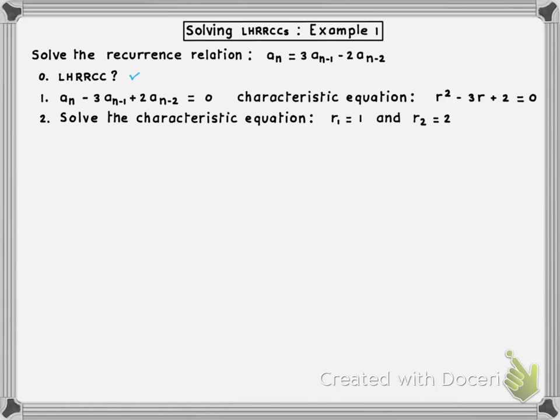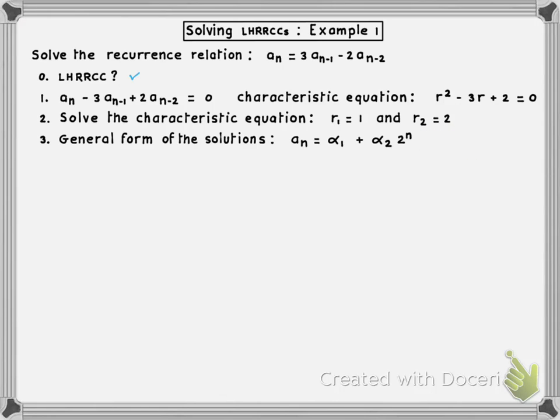Finally, the third step in the algorithm is to use these two roots, after you check that they are indeed distinct, to write down the general form of the solutions to this recurrence relation. Now remember, the formula goes like this: a sub n is equal to alpha 1 times 1 to the power n, which is just 1, plus alpha 2 times 2 to the power n.